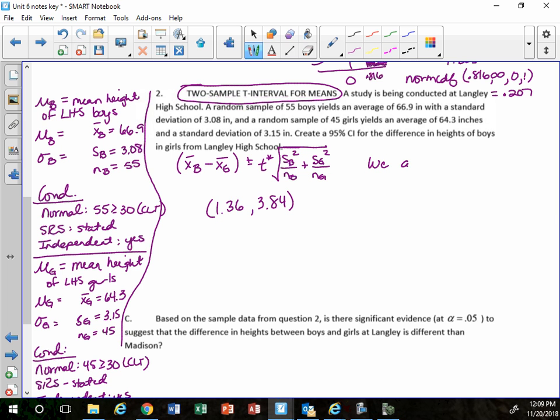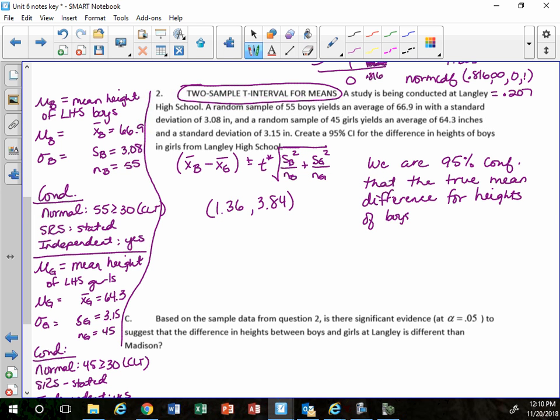So, we are 95% confident that the true mean difference, we used to just say the true mean, now we're talking about difference of means, so we say the true mean difference of heights of boys and girls at Langley falls between 1.36 inches and 3.84 inches.